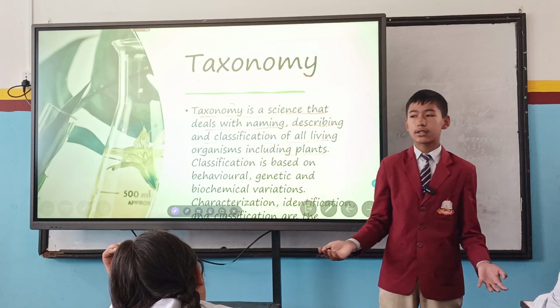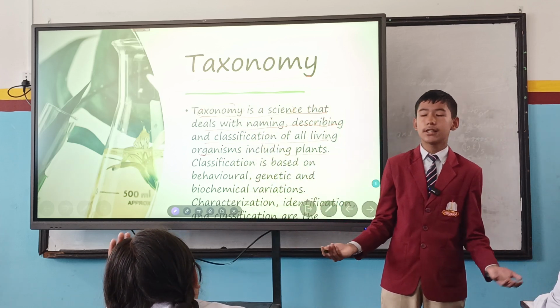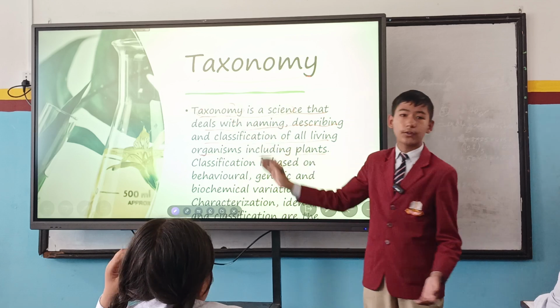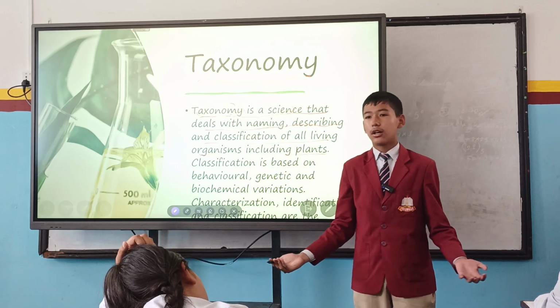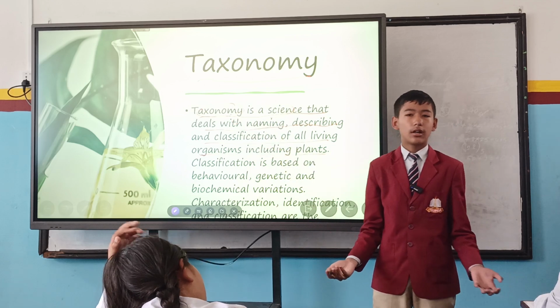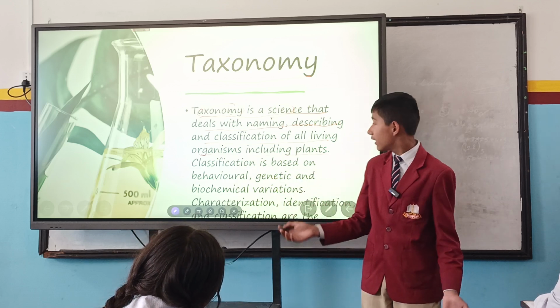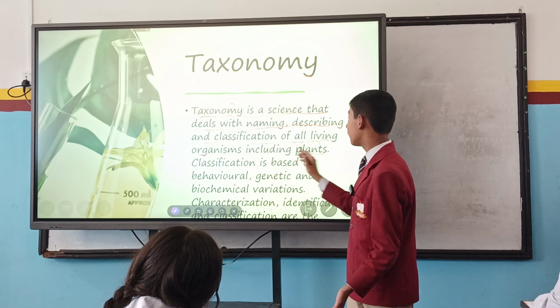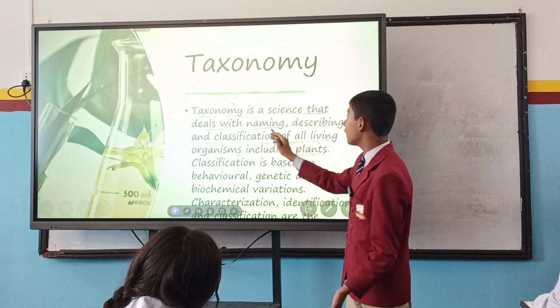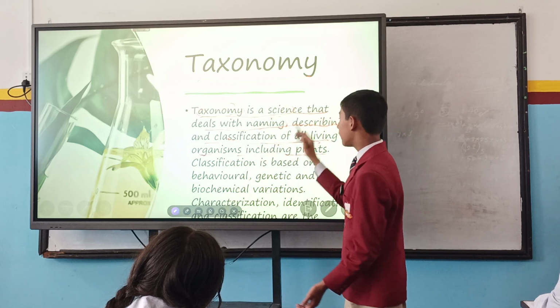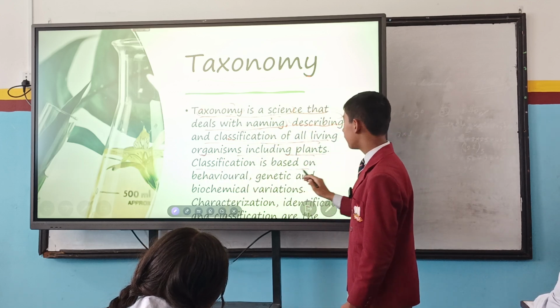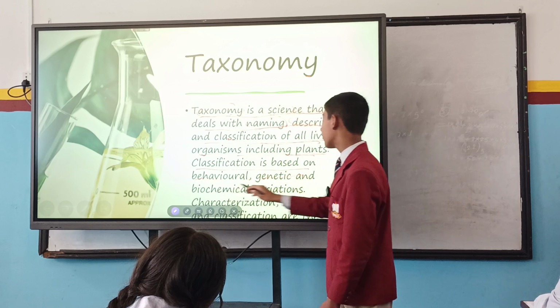Taxonomy is a field of science. As we know, engineering is also a field of science. Same as that, taxonomy is also a field of science in which the person who is researching in it tries to see the features of the plants and animals, and tries to classify all the living organisms including plants with their names and describing them. It is given that classification is based on behavioral, genetic and biochemical variation.